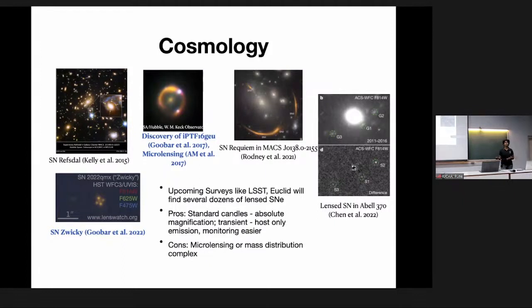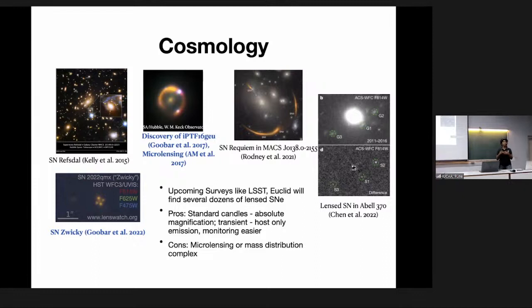But for type Ia supernovae, we know how bright the intrinsic source is. We observe how bright the lens supernova images look, and then we can infer the absolute lensing magnification factor. So this gives us an additional constraint which is not possible with other lens systems, and this is the main advantage of making use of lens supernovae.